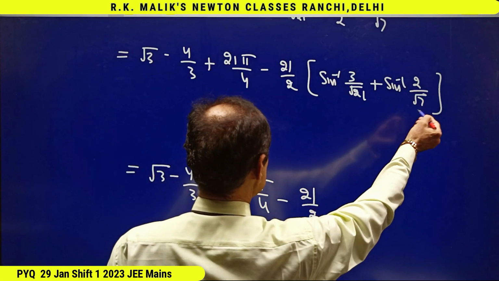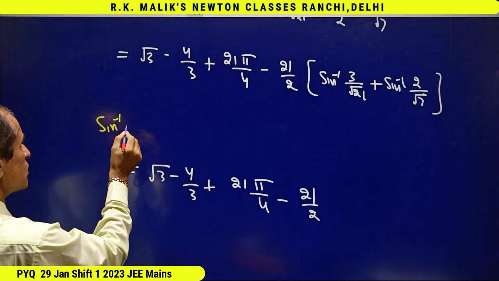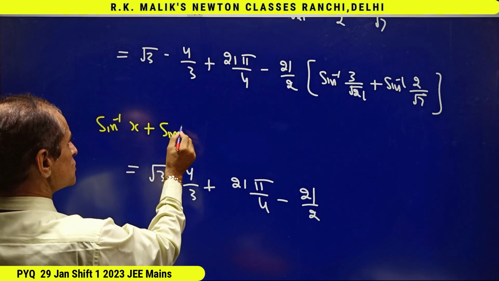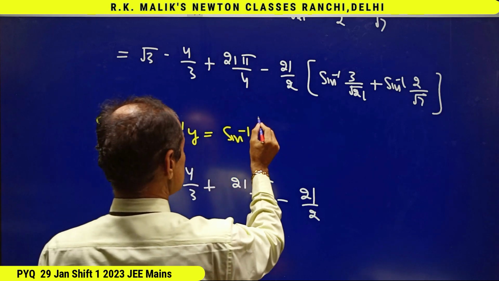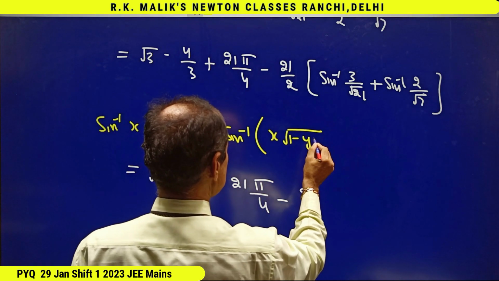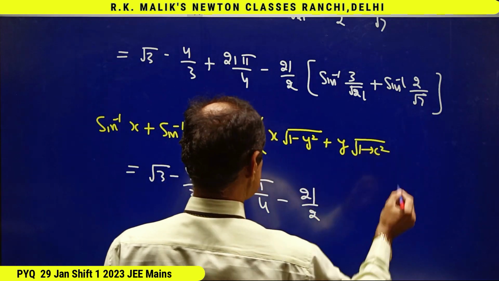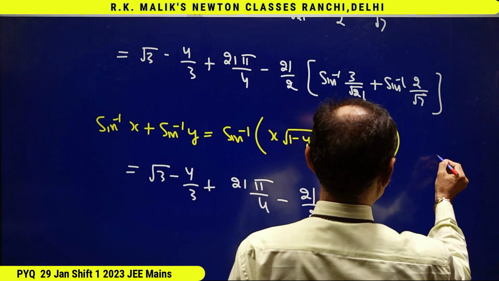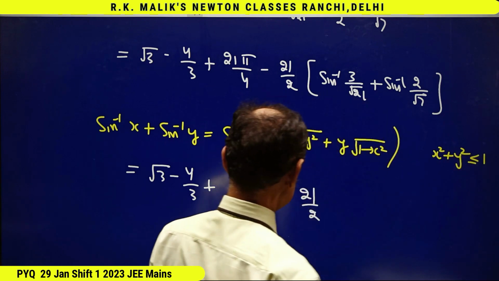and now I would like to use the formula of sine inverse x plus sine inverse y equal to sine inverse of x under root 1 minus y square plus y under root 1 minus x square, provided x square plus y square is less than or equal to 1.